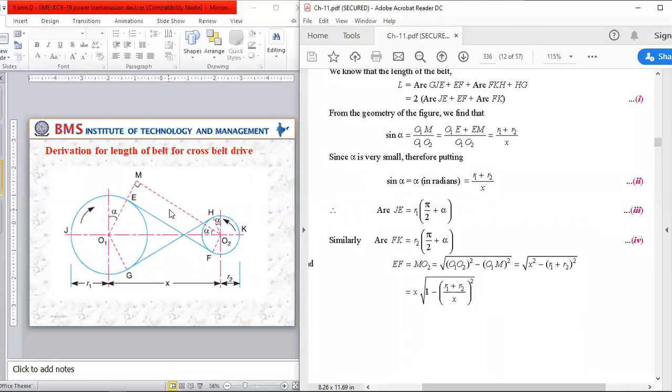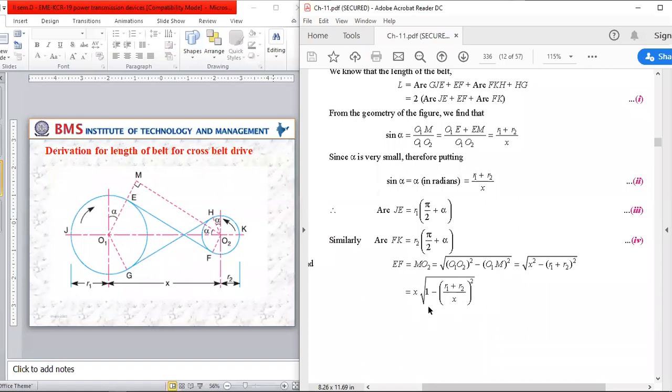So O2M square is equal to O1 O2 whole square minus O1M whole square. O1M is equal to R1 plus R2, so X square minus R1 plus R2 whole square. If I take X outside, X into square root of 1 minus R1 plus R2 by X whole square. So this is the EF length.